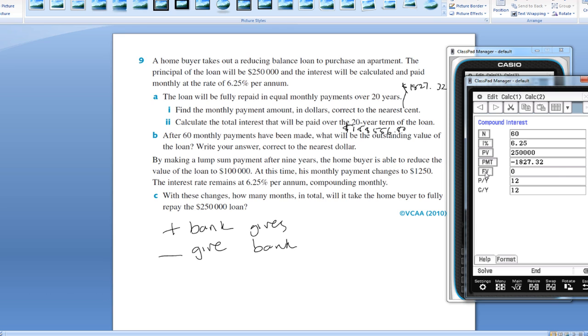Okay? And basically it's saying that I'll owe the bank $213,117.81. They want it correct to the nearest dollar, so we'll just write it as $213,118.